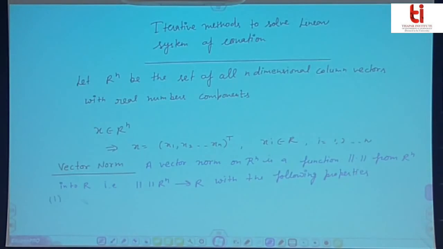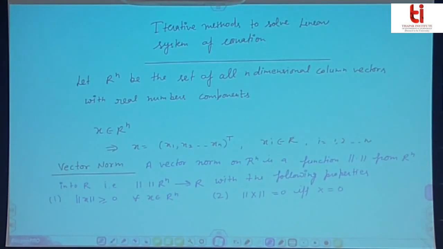First, norm of x is greater than or equal to 0 for all x belonging to Rn. Second property, norm of x equal to 0 if and only if x equal to 0.